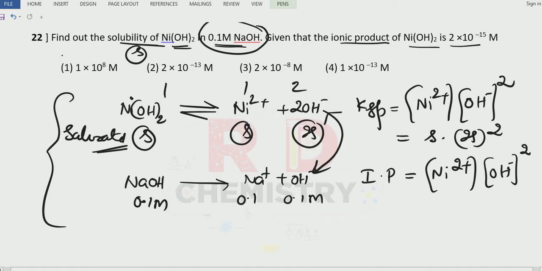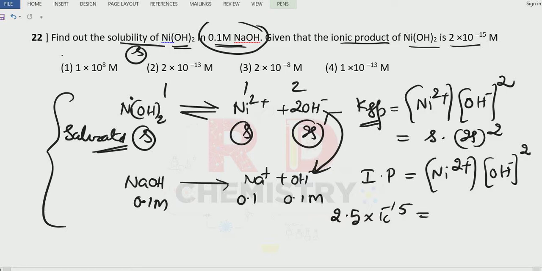Okay, clear? Ksp is only for a saturated solution of pure, only one substance. Ionic product is the concentration of all the cations and the anions present for that particular substance. Ionic product is given. How much is given? 2.5 into 10 power minus 15. Correct?